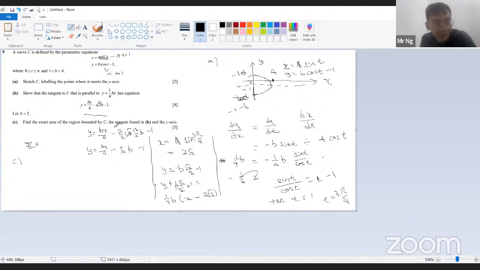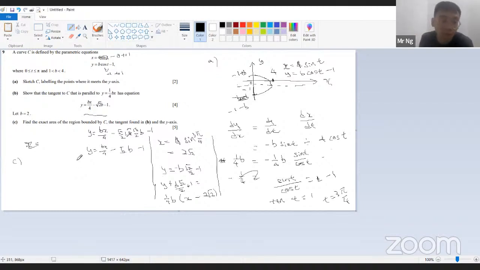Wow, and the tangent found, and the y-axis. Okay, not easy. So now change my b to be equal to 2. Okay, difficult.